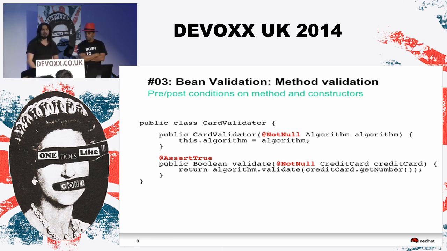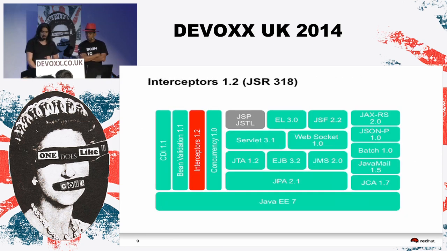And Bean Validation was able to do that on constructors because the Interceptors specification also got updated. For those of you who follow the history of Java EE, interceptors were in the EJB. Then the specification got out in Java EE 6.